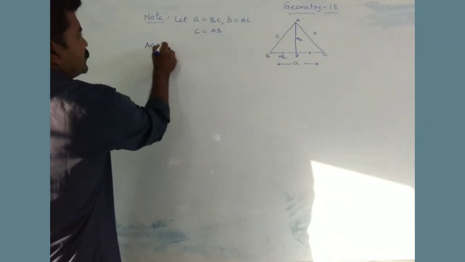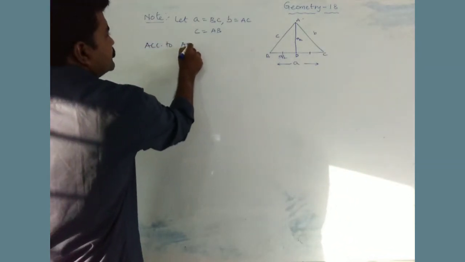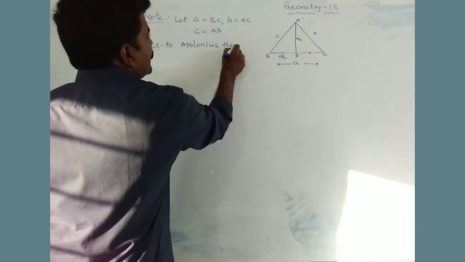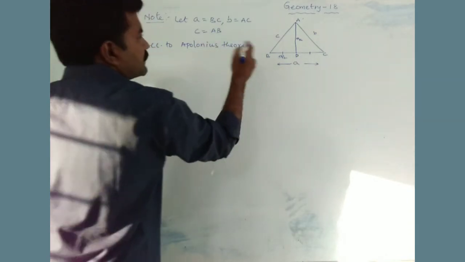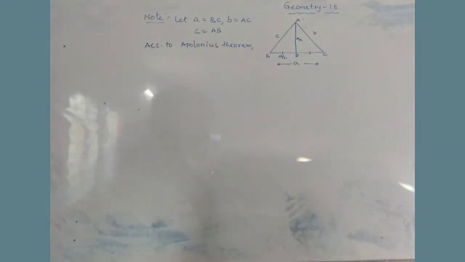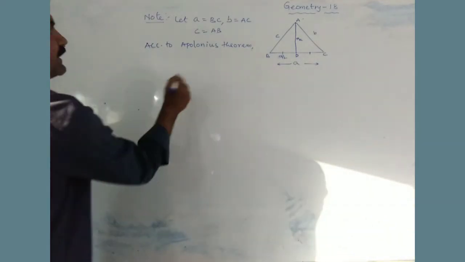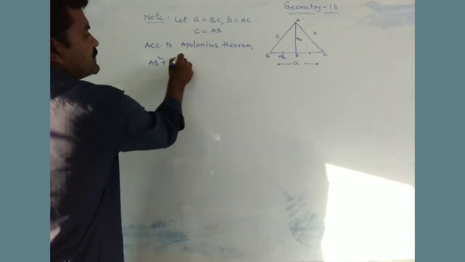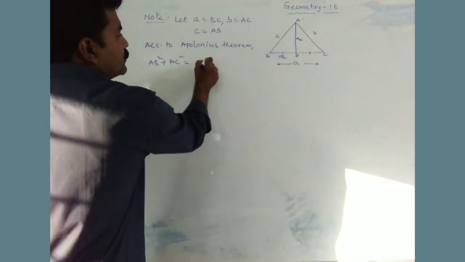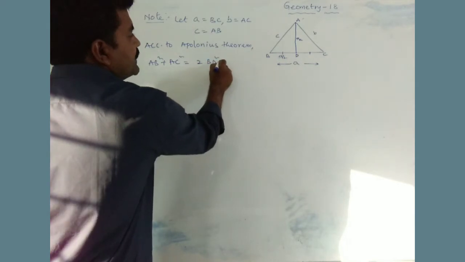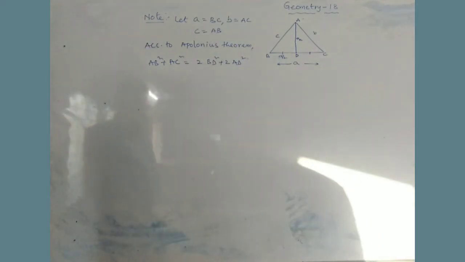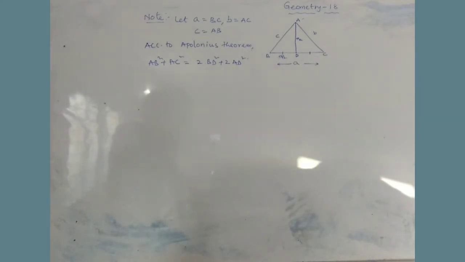So according to Apollonius theorem, the sum of the squares of two sides of a triangle, I mean AB square plus AC square, is equal to 2 into BD square plus 2 into AD square, isn't it?